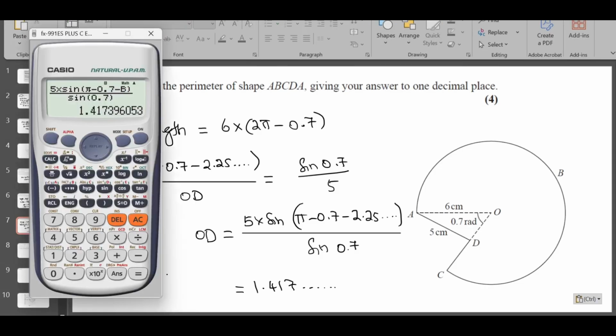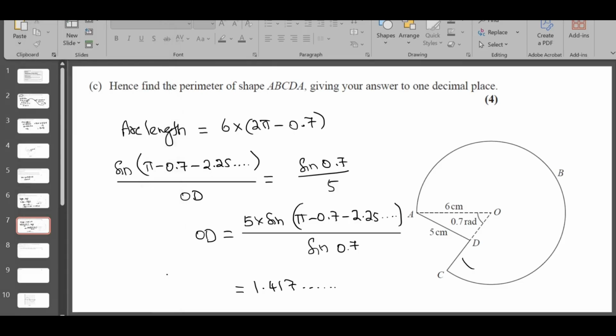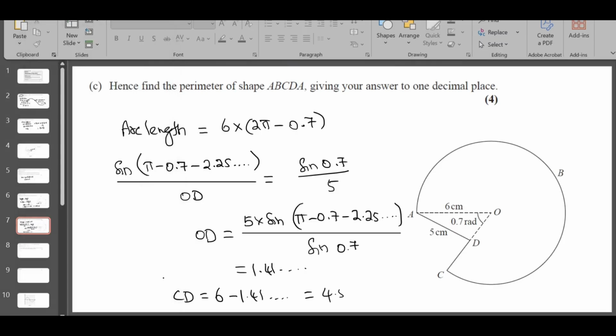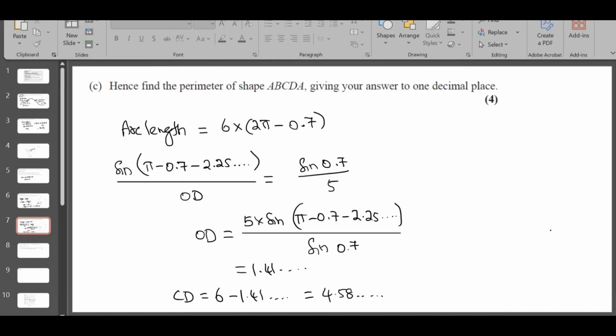So we got this length OD, but we don't need OD to find the perimeter. We need CD, right? CD is the total length 6 minus whatever we got just now. So maybe here you write 1.41 dot dot dot. So CD is equal to 6 minus 1.41, 6 minus the answer, 4.58 dot dot dot.